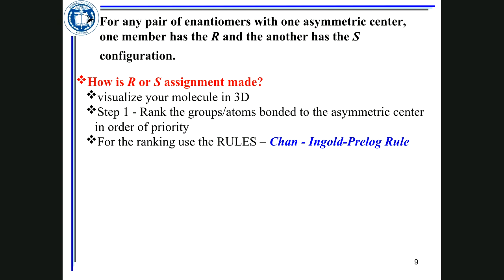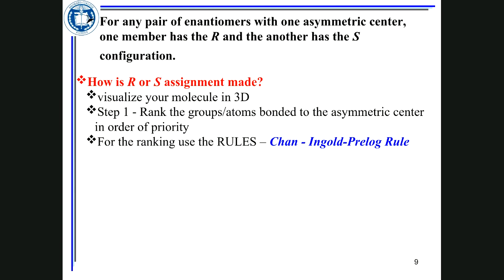Or if you are changing the rule, you have to change your assignment also. So if the group with the lowest priority is away from you, clockwise is R. If the group with the lowest priority is coming toward you, then clockwise is going to be S. And we are using that in the Fischer projection, which you will learn soon.